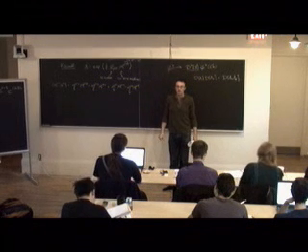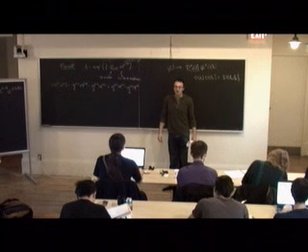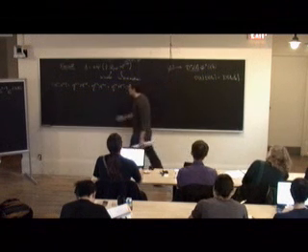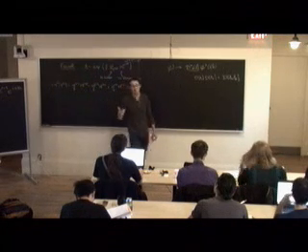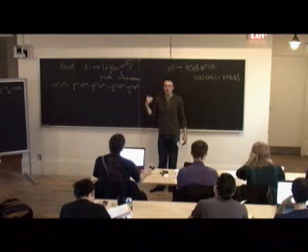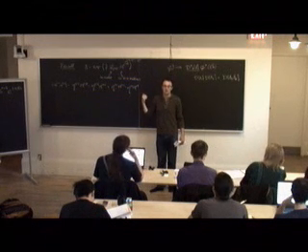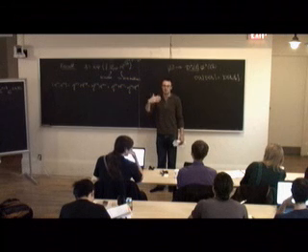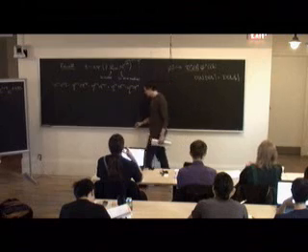So what happens is there's a classification of these representations for the Lorentz group, and the classification is in terms of spin 0, 1/2, 1, 3/2, and so on.